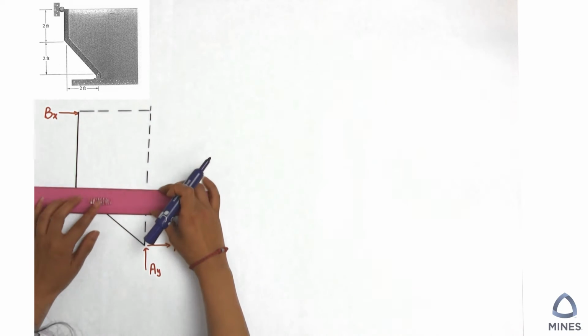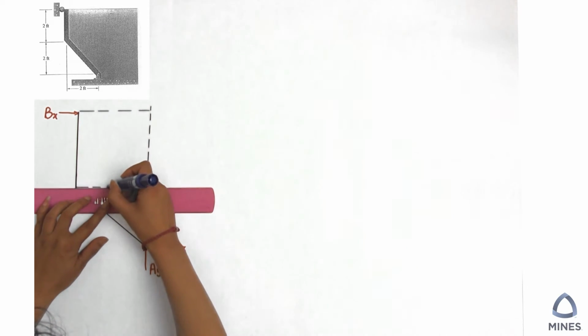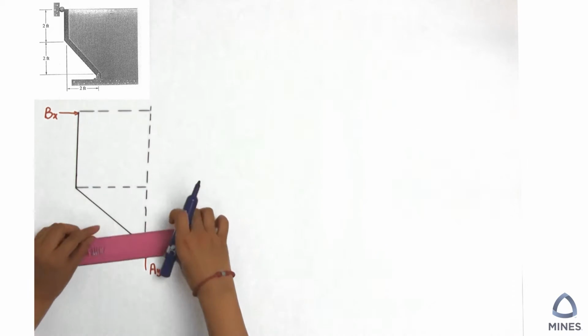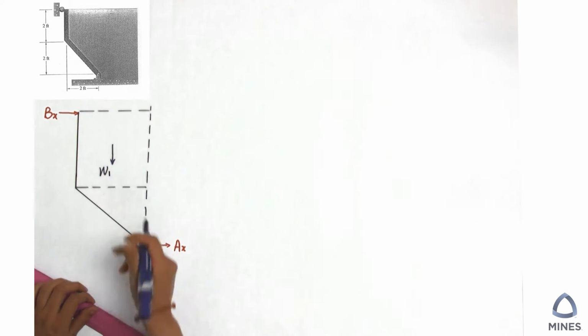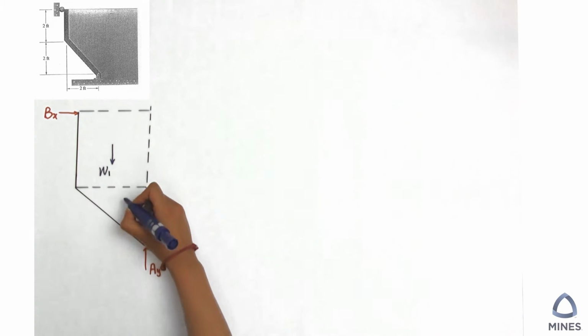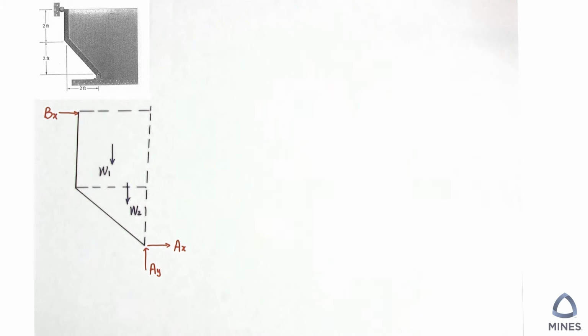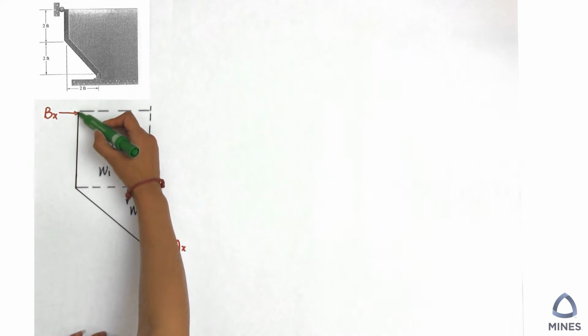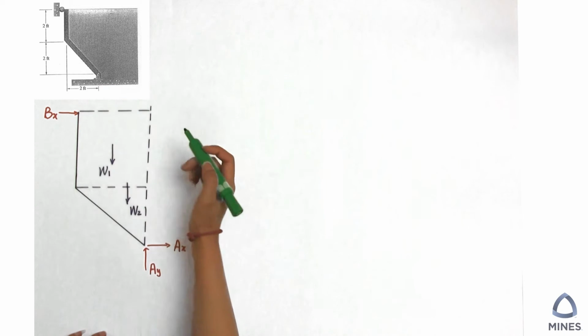Usually for the trapezoid, we are going to divide it into shapes that we are familiar with. So which means we are going to calculate the weight from this rectangle, and then the weight from the triangle. And then from the side, we are going to have the water pressure. We can see the gate here starts from the water surface.